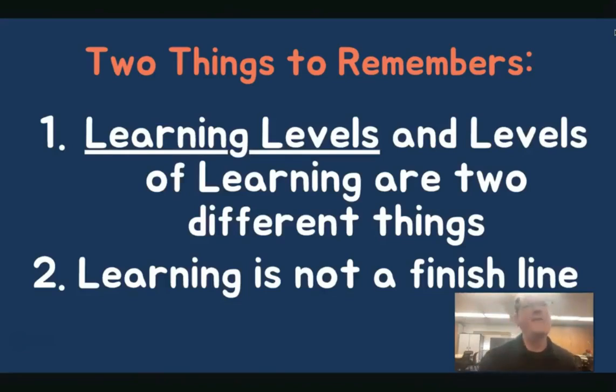We focus on their level of learning and how we can make it greater as best as we can. That allows us to take students who come to us with a developmental stage here, and the ones that come to us with a developmental stage here, and we can work with both of them and grow their level of learning. And we have to understand that learning is not a finish line, right?